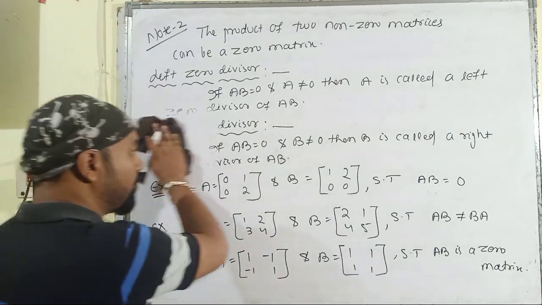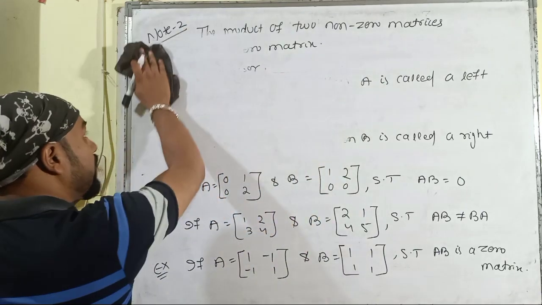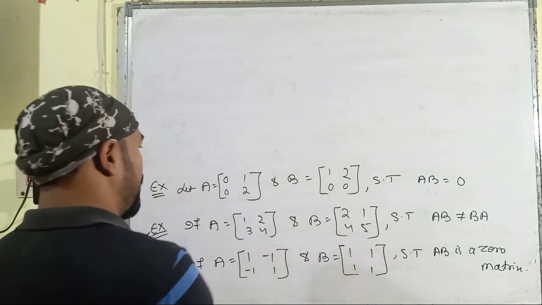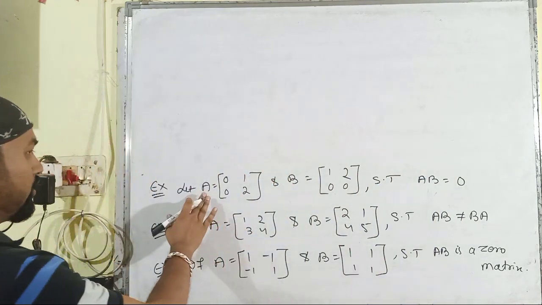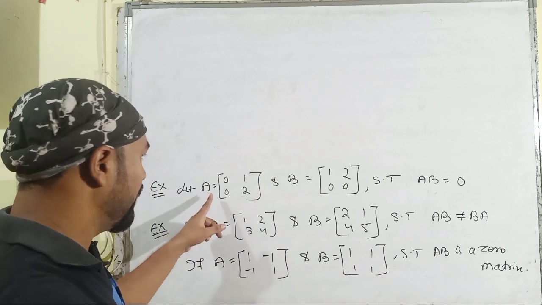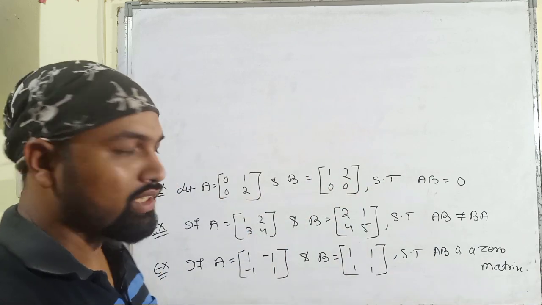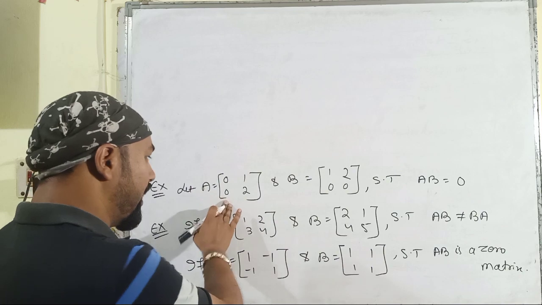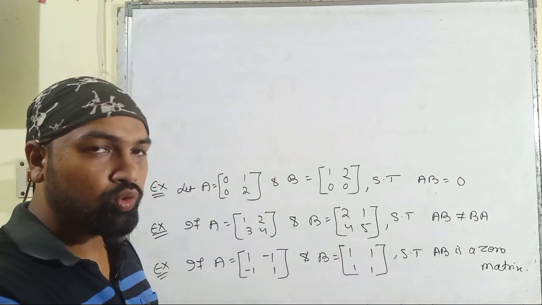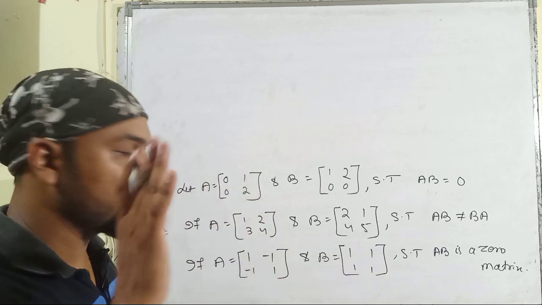And there are some problems. Three problems are there. The first one is here: given two matrices A and B, we have to show that AB is a zero matrix. Here A is a non-zero matrix and B is a non-zero matrix, but we have to show that their multiplication will be a zero matrix.